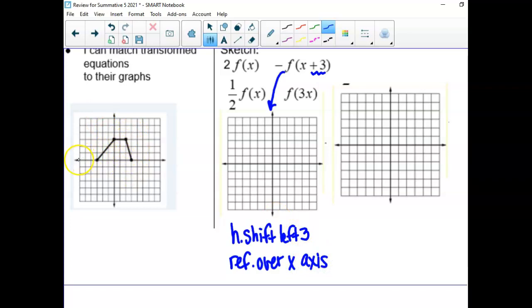If I shift the whole thing left 3, it would look like that. And then I'm supposed to flip it upside down. So this would be here and here. And instead of going up 3, I'm going down 3.